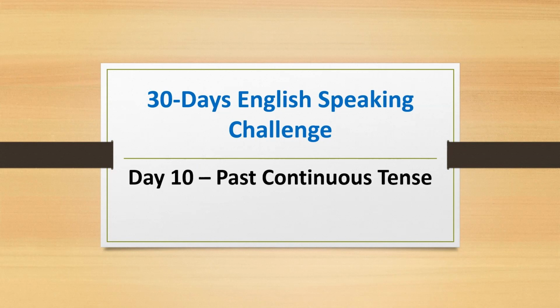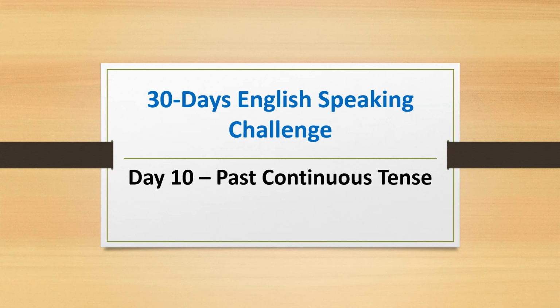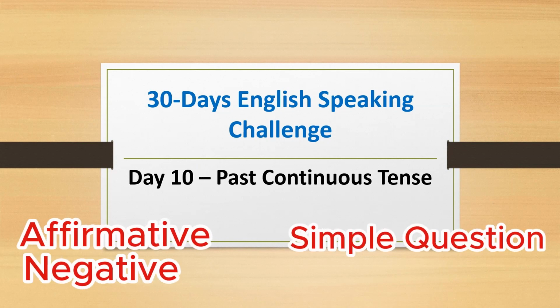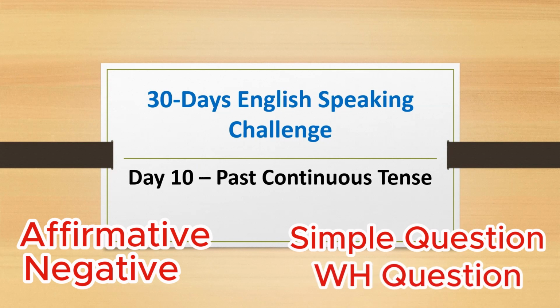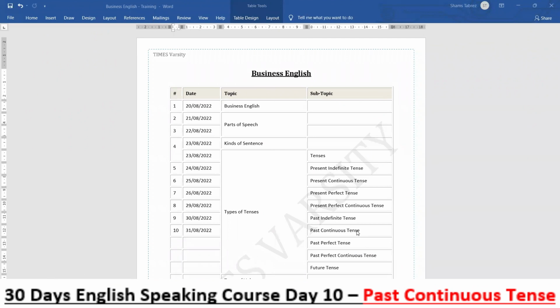In this video, we will learn about past continuous tense, also known as past progressive tense, and sentences like past continuous affirmative, negative, simple question, and WH question. In this session, we will discuss past continuous tense.